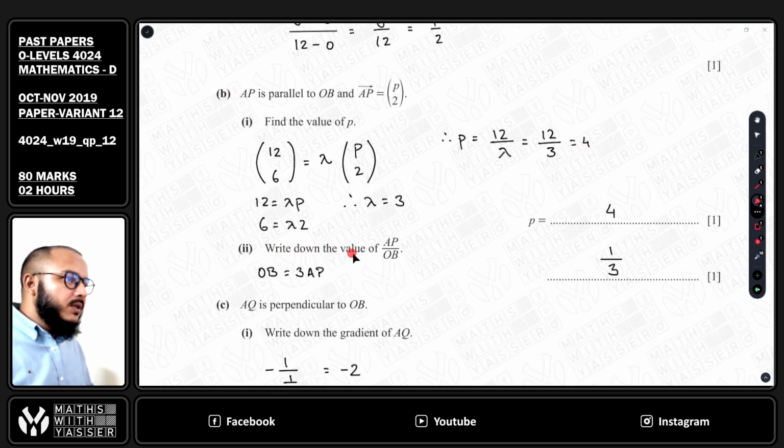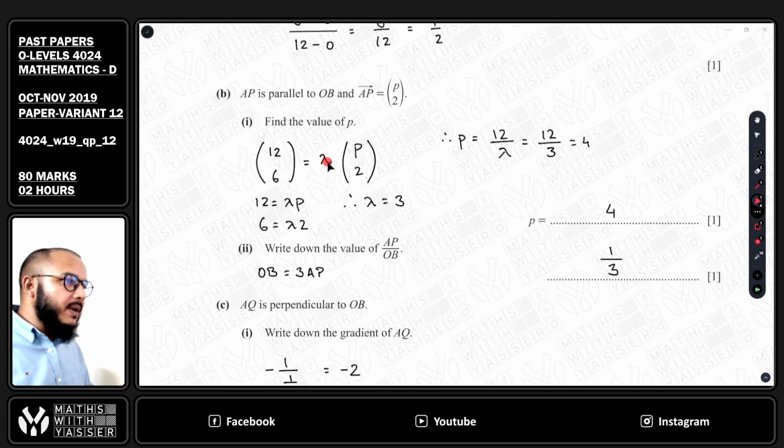Then it says write down the value of AP over OB. AP and OB are connected by the equation OB equals 3AP, because in the first part of the question, this was OB, this was AP, and we found the value of lambda, which is 3.